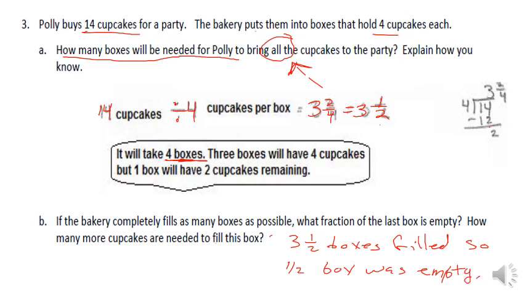Now, in order to see how many they need, here I have a box. It said there were 4 cupcakes per box, half of it was full, and here's 2 that were missing. So we can see by this they would need 2 cupcakes to fill the last box.